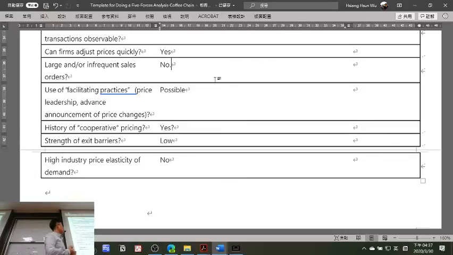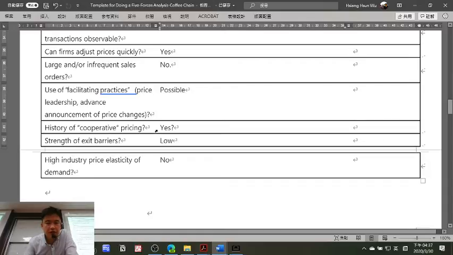And in the coffee industry, do they have so-called facilitating practice? Probably yes. Starbucks sets a price, and the others see Starbucks' price as the ceiling, and probably set their price a little bit lower. And 7-Eleven has its price range, and Family Mart just follows, right? So probably they have some facilitating price practice, but we don't have the evidence.